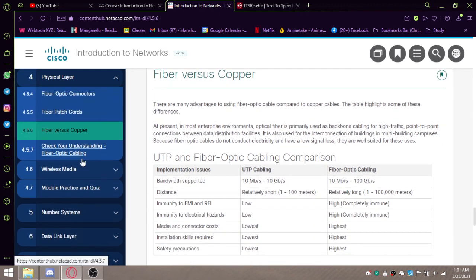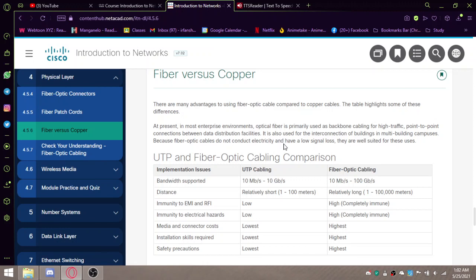Fiber, apa bezanya? Fiber versus copper. There are many advantages to using fiber optic cables compared to copper cables. The table highlights some of these differences. At present, in most enterprise environments optical fiber is primarily used as backbone cabling for high traffic point-to-point connections between data distribution facilities.